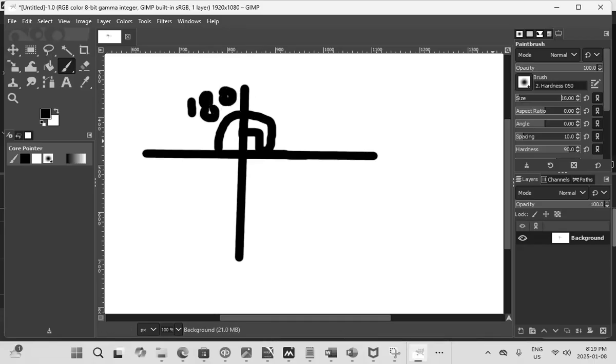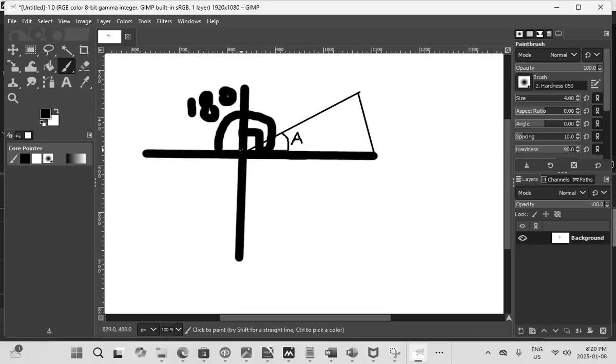So an acute angled triangle looks something like this. You have an acute angle, let's say angle A, and this angle is less than 90 degrees.